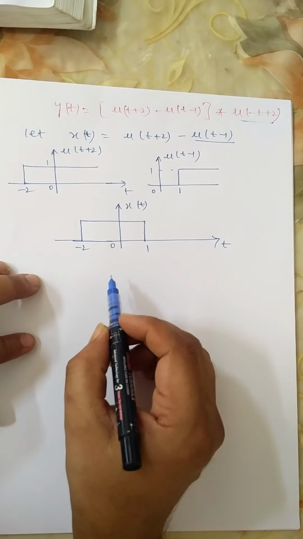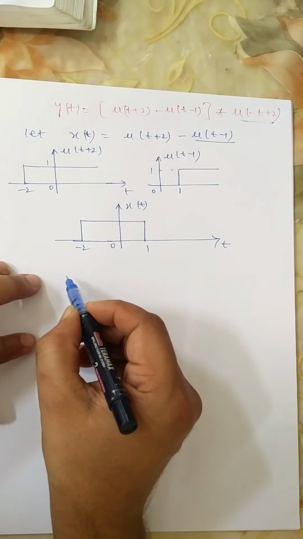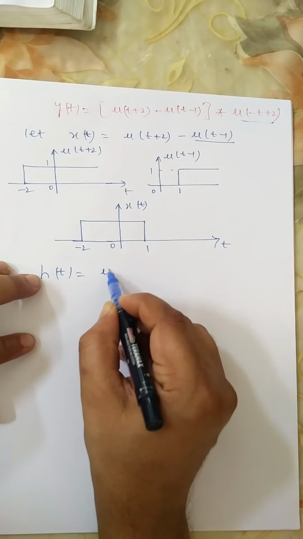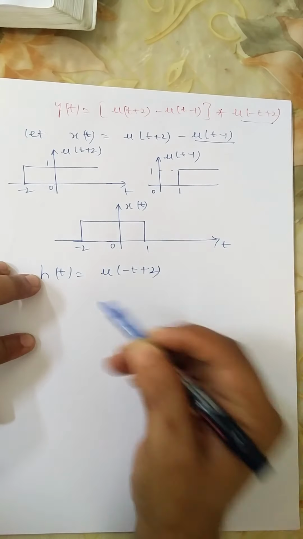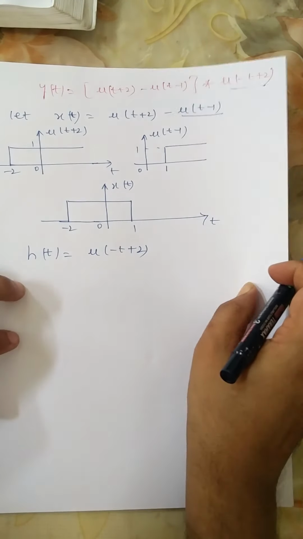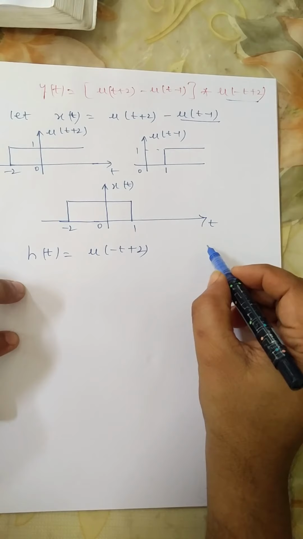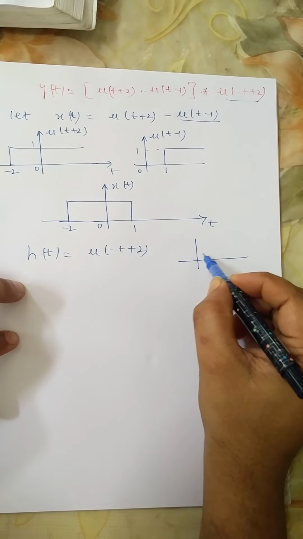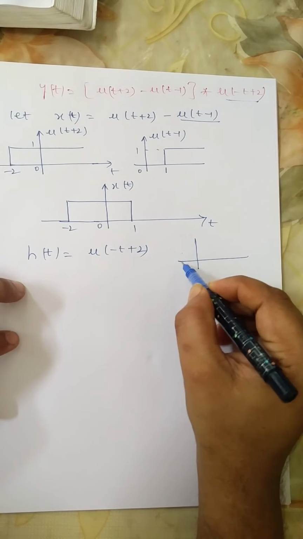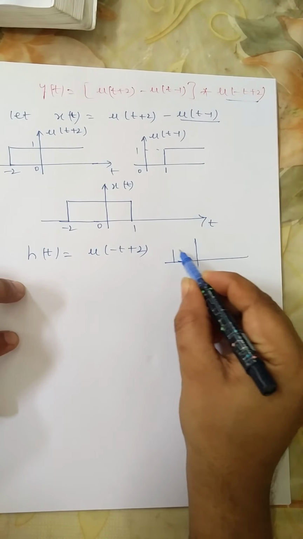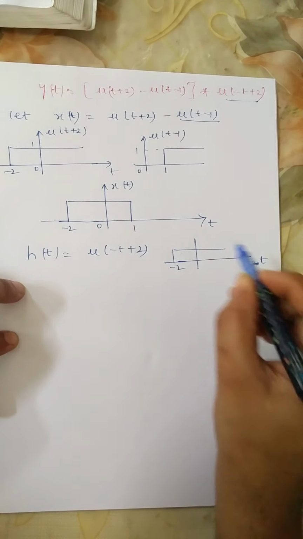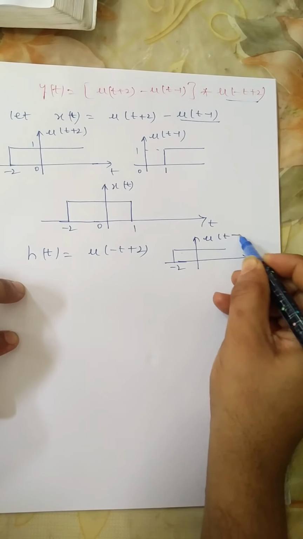Now the second signal, that is h of t, is u of minus t plus 2. First let us take the u of t plus 2. It is from minus 2 to plus infinity. This is the u of t plus 2.